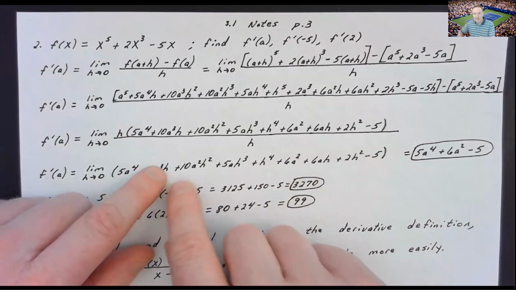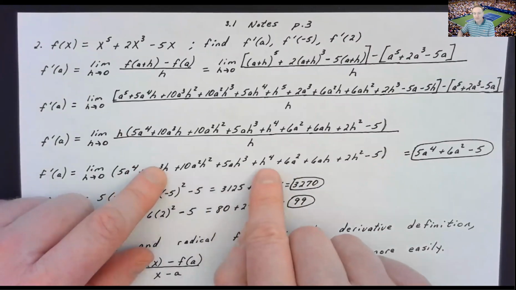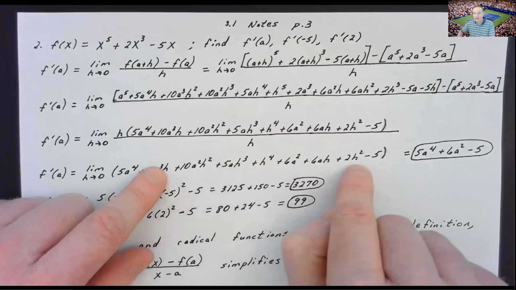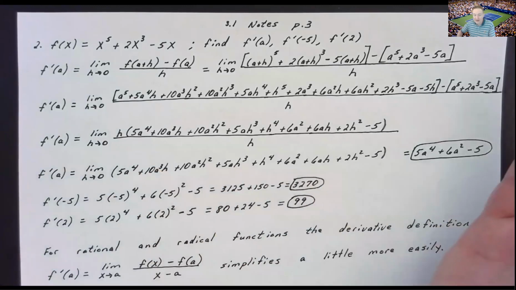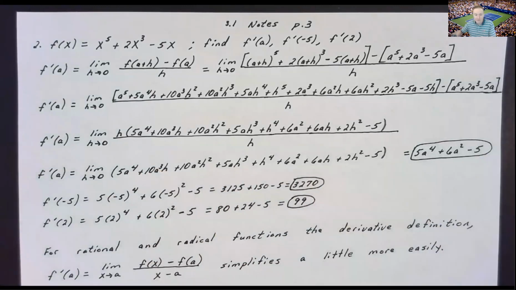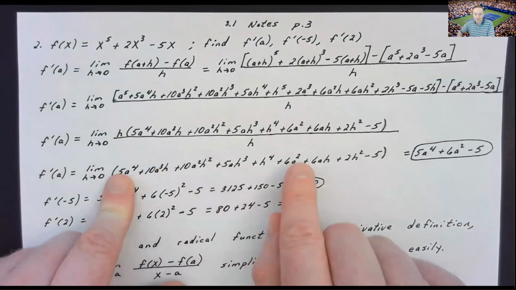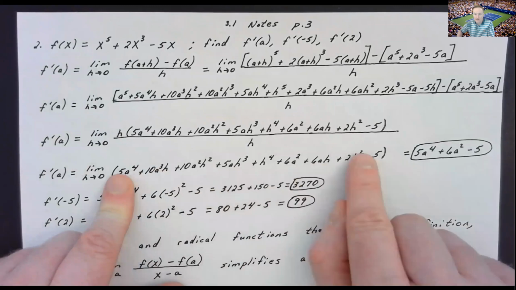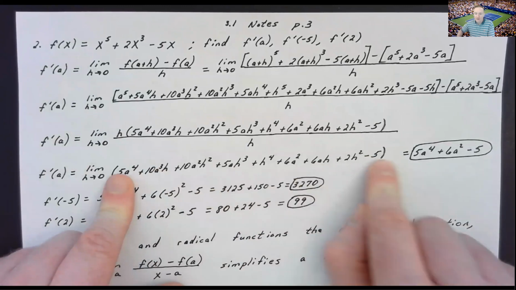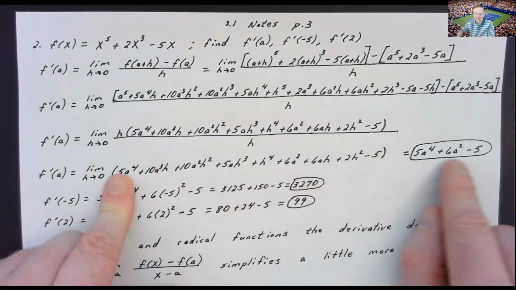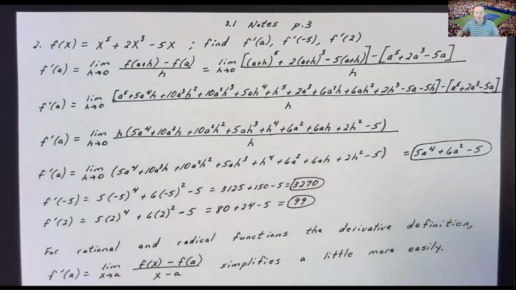So the 2nd, 3rd, 4th, 5th, 7th, and 8th terms all cancel out. Any term that had a factor of h cancels out. So you're just going to be left with 5a to the 4th plus 6a squared minus 5. That's our algebraic derivative with respect to a.